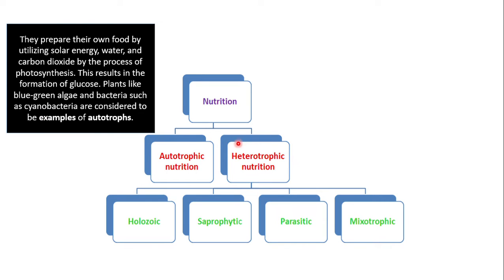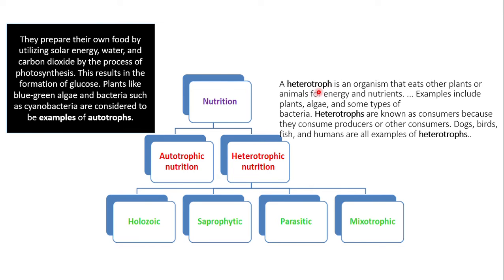So let's go into the heterotrophic nutrition definition. A heterotroph is an organism that eats other plants or animals for energy and nutrients. Heterotrophs are known as consumers because they consume producers or other consumers.